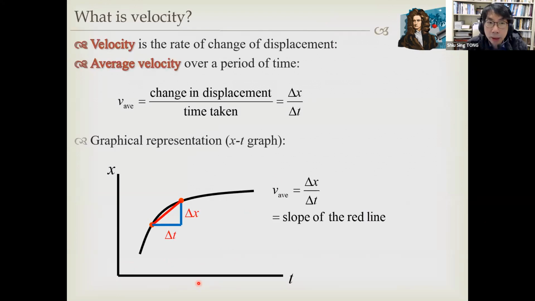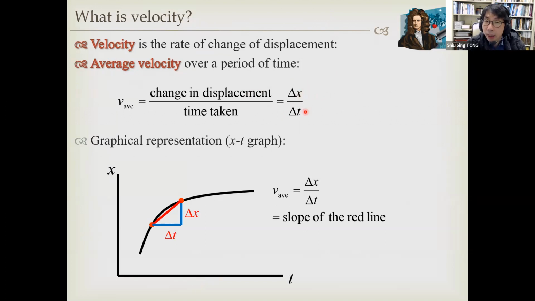So what is velocity? Velocity is the rate of change of displacement. And we are interested, for example, in the average velocity over a period of time. Suppose in a period of time delta t, the object has changed its displacement by delta x.